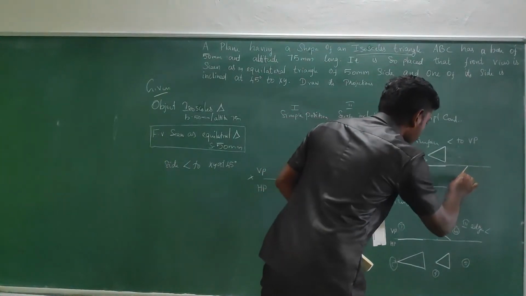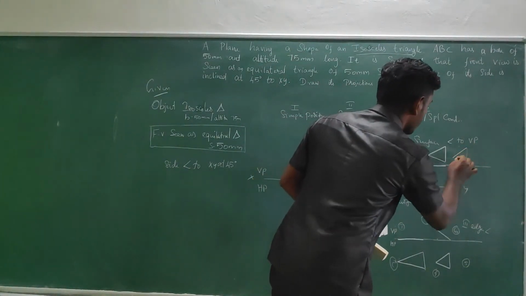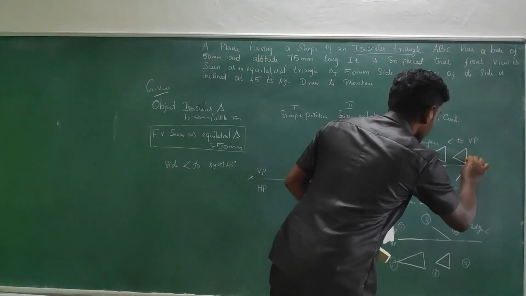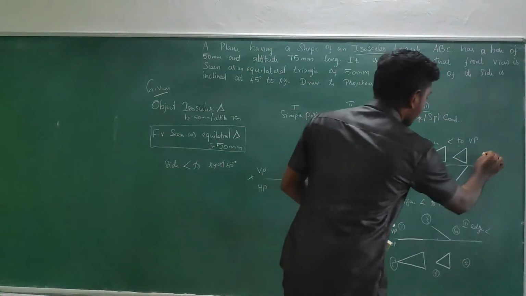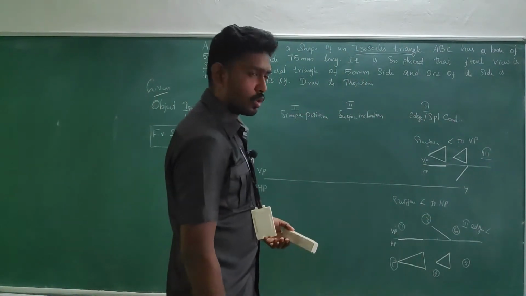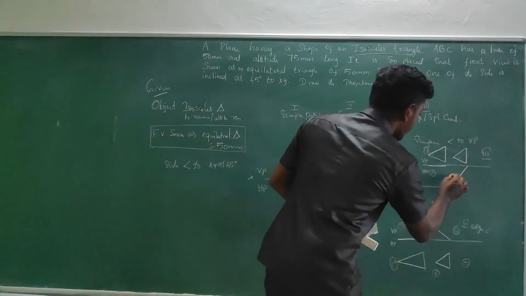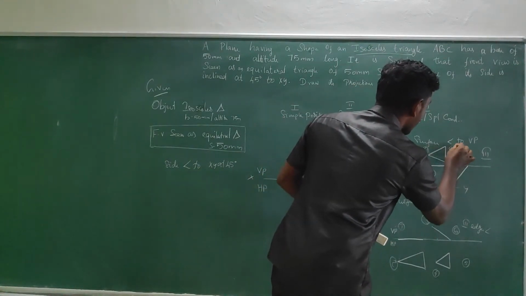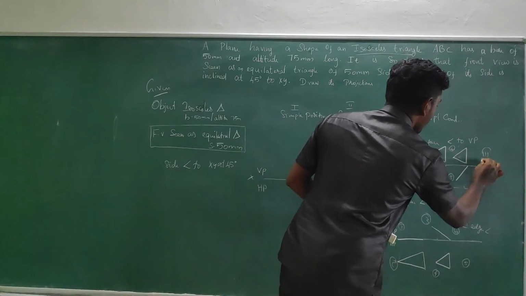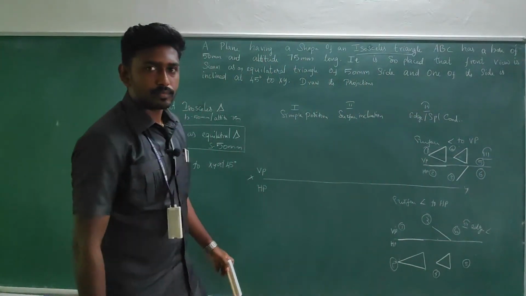When it is inclined, the image will be skewed, so it comes like this. And in the third stage, the edge or special inclination will be shown. So this would be the first, second, third diagram, this the fourth, the fifth, and here the sixth diagram.